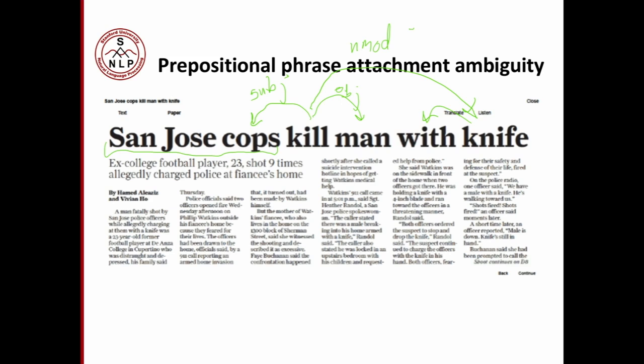Okay, then there's a second meaning this sentence can have: the man has a knife. In that case, what we want to say is that it's this word man, and this man has a noun modifier, which is saying something that the man possesses, and then this dependency is the same, and it's a man with a knife.